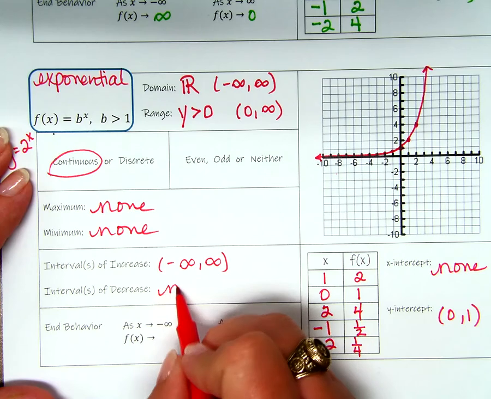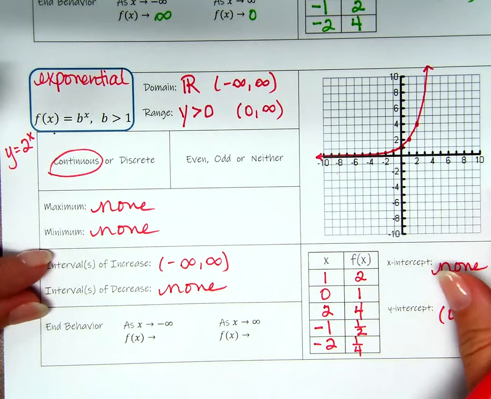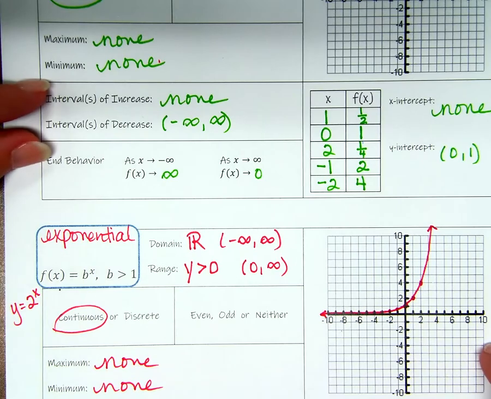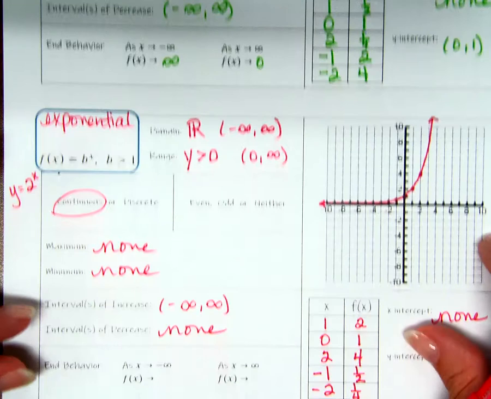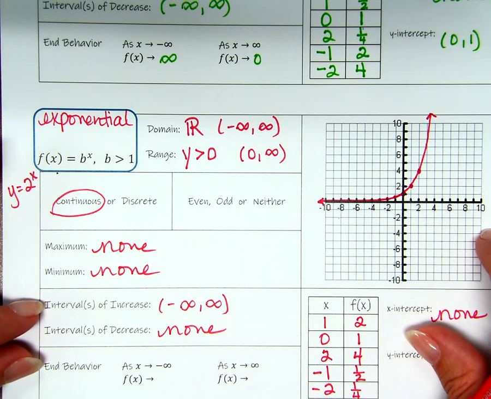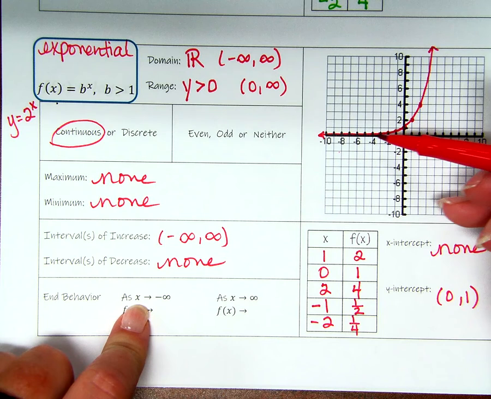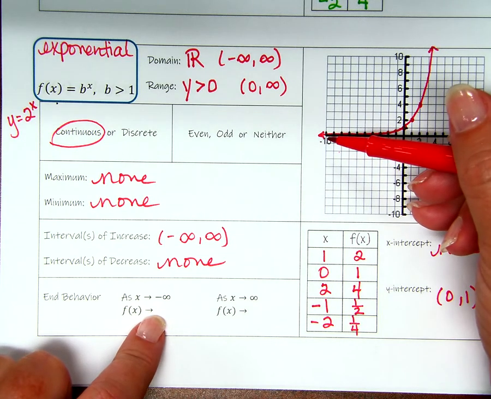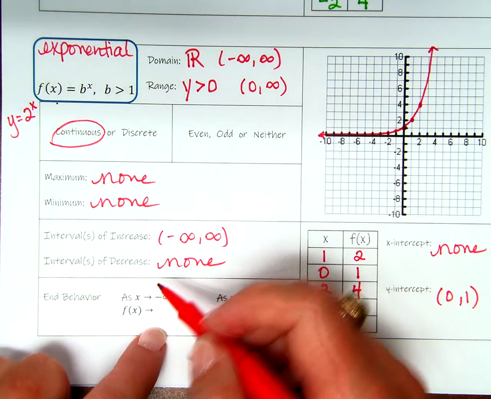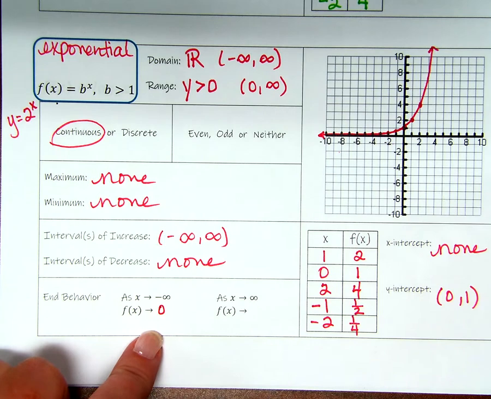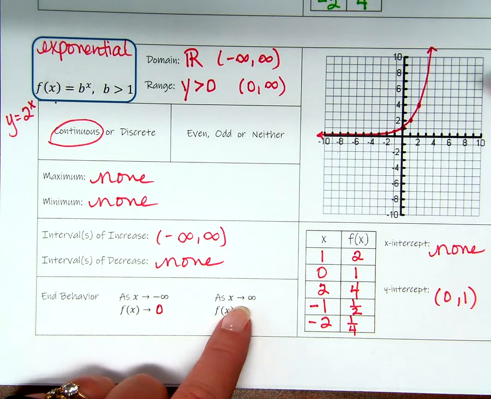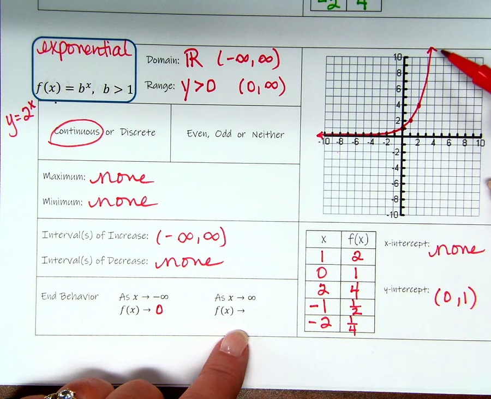There's none. So notice those compared to the one we just did. Those did switch, didn't they? Okay. As x is going to the left, what's happening to y? Where is it going toward? 0. Does it ever get there? No, but that's where it's going toward, right? As x is going to the right, where is y going? To infinity.